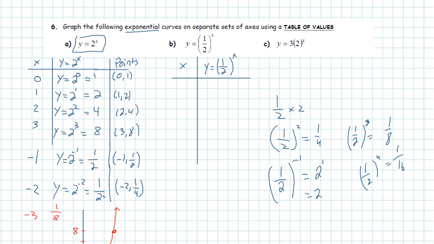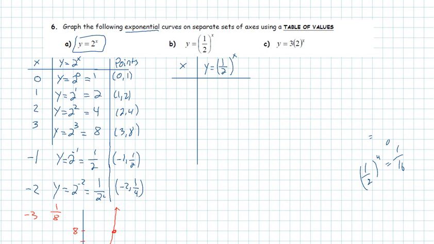Okay? So let's pick some negative numbers. So we're going to start at negative 3, negative 2, negative 1, 0. We can get 1 and 2. So if I put 1/2 to the power of negative 3, it's the same thing as writing what? 2 over 1 to the power of 3.